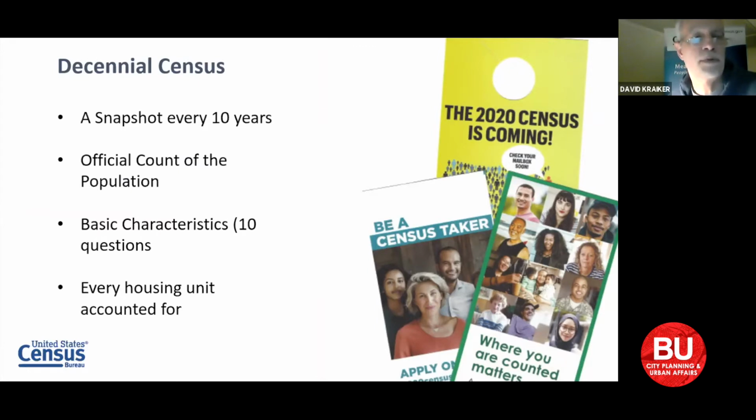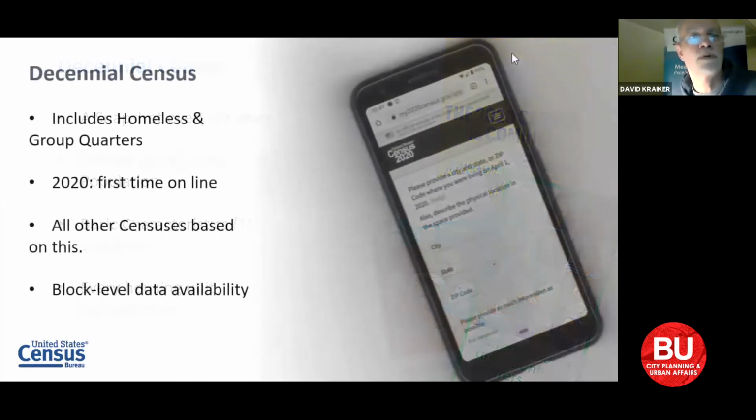Let's say it's a 75% response rate; for the remaining 25%, we have to visit those households and try to get an interview. It's the only census that we count homeless people, as a matter of fact. Also, this is the first time that it was online, so you could do the census on the phone if you needed to.